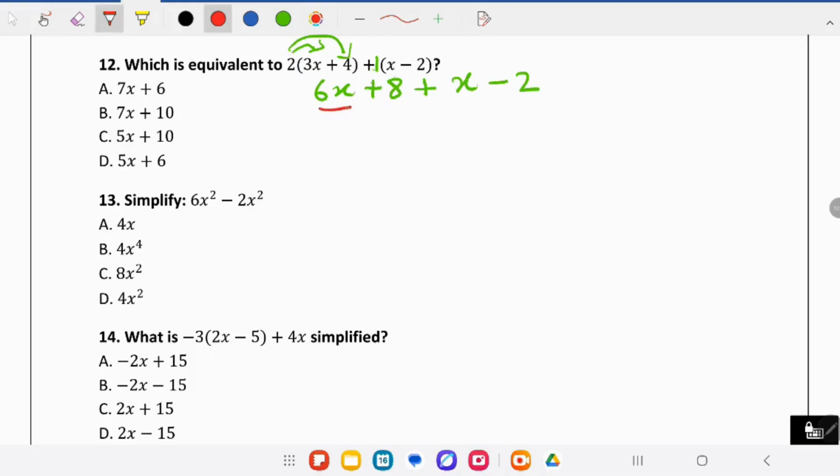Next, I underline my like terms. So, invisible 1 here, 6x plus 1x is 7x. And 8 minus 2 is 6. 7x plus 6. This is option A.